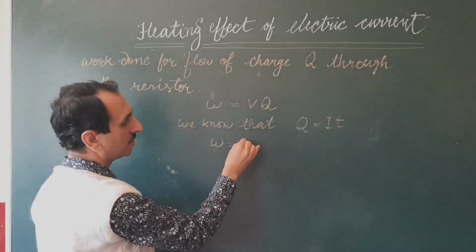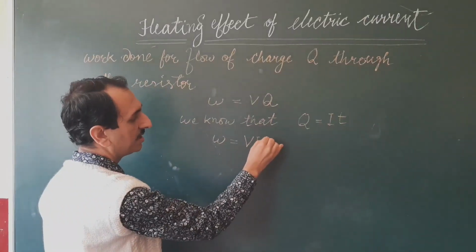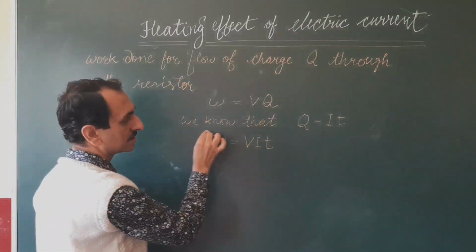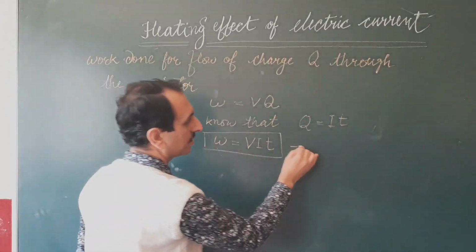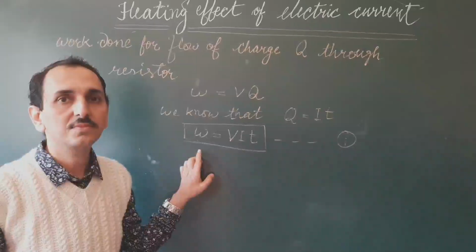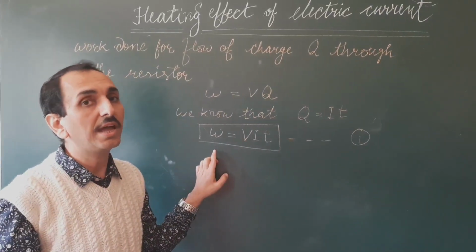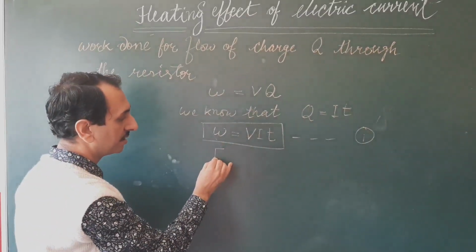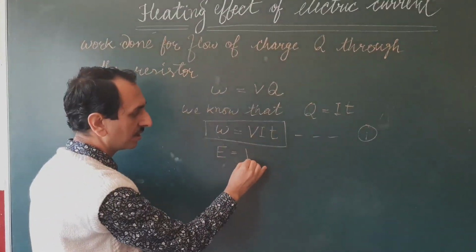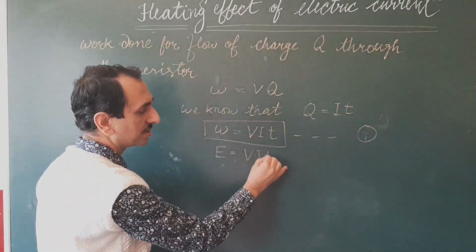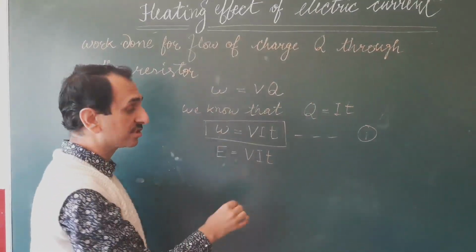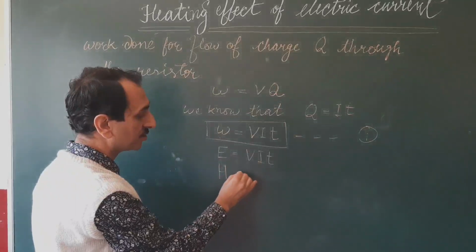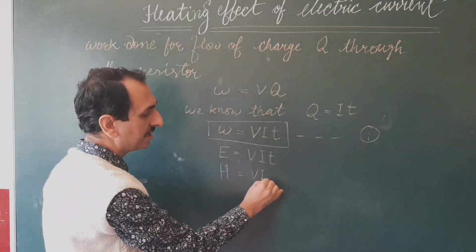W equal to VIT. This is the first relation. For doing work, some energy must be applied. That's why W can be replaced with energy, which is VIT, and that is heat energy. So H equal to VIT.